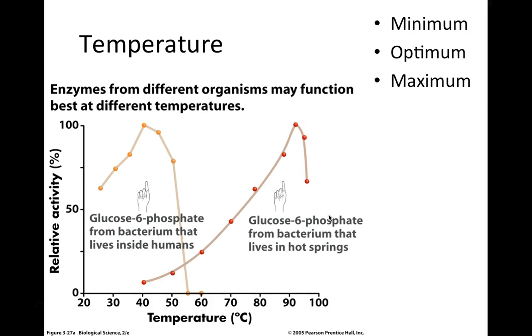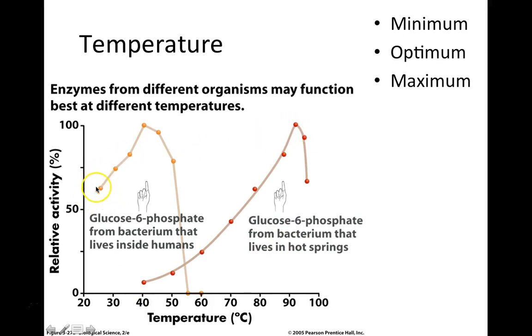We have a temperature minimum, which is on the left for both curves, a temperature optimum, which is the highest peak for both curves, and a temperature maximum, which is on the right-hand side. Notice that we have a gentle increase in enzyme activity as we go from temperature minimum to temperature optimum for both enzymes.